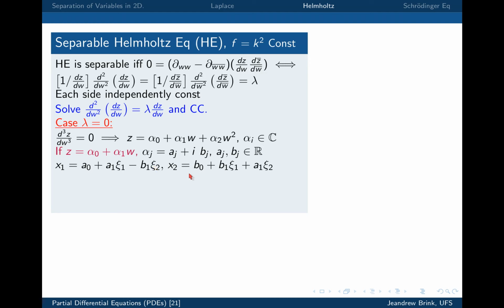And then here you have the imaginary part of alpha 1 times the real part of w plus the real part of alpha 1 times the imaginary part of w. Can you tell me what this transformation does?